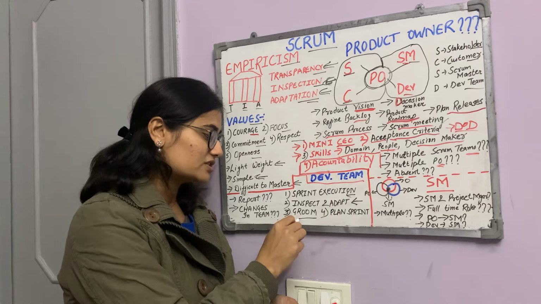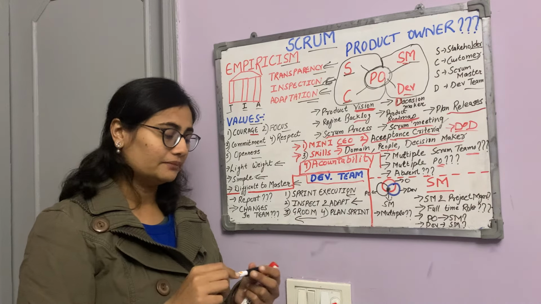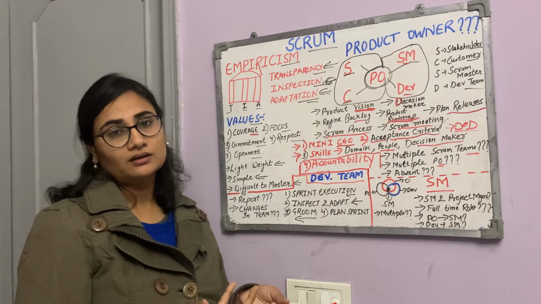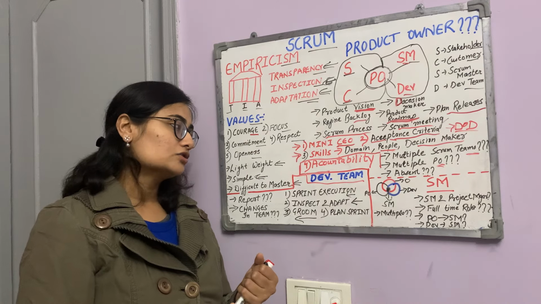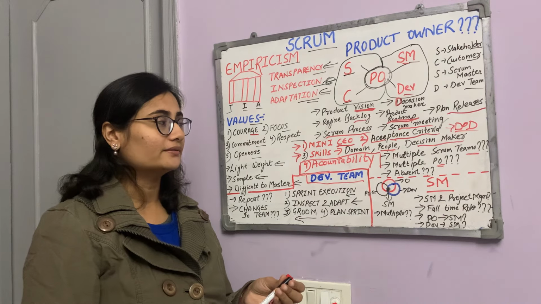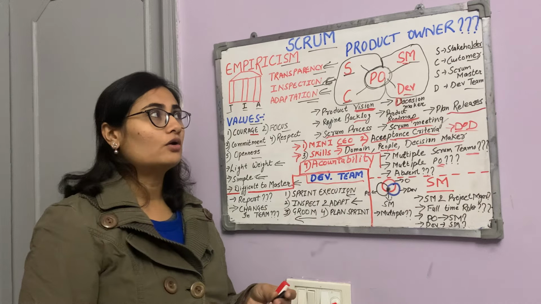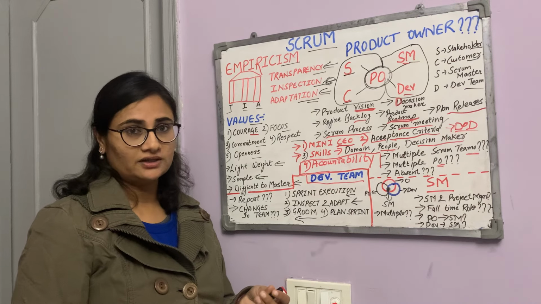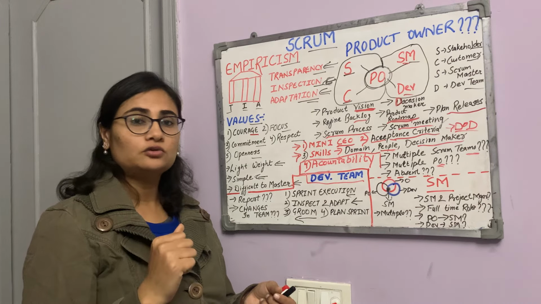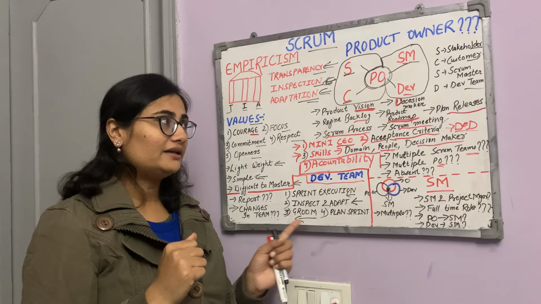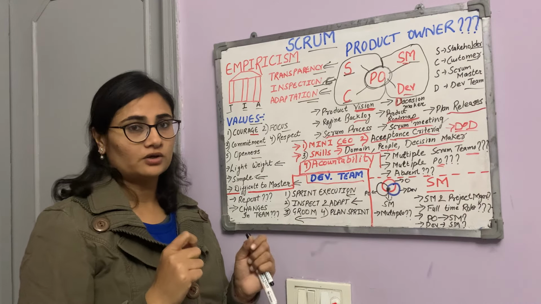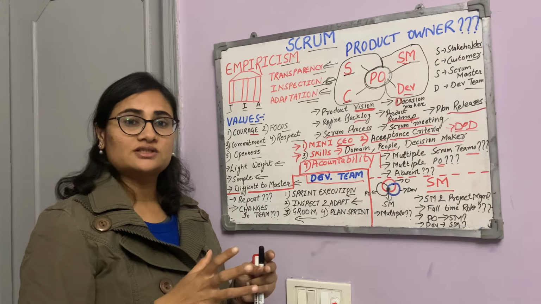Then the third responsibility which the development team has is grooming the product backlog. So we know that refinement of backlog is the primary responsibility of product owner, but he doesn't do it solely. Development team helps in grooming the product backlog, where the team would sit together.